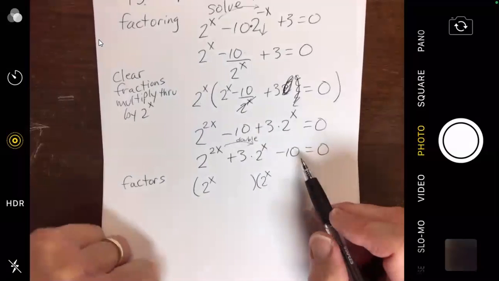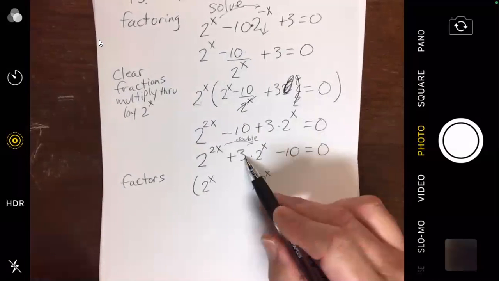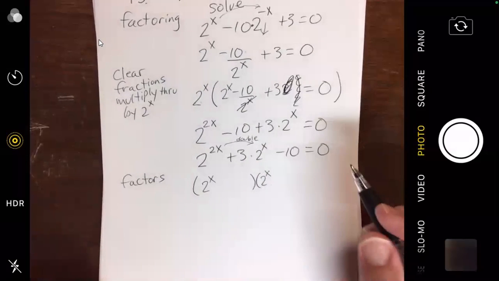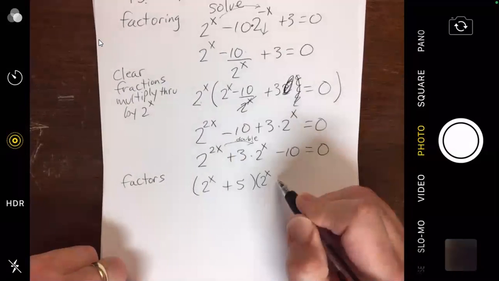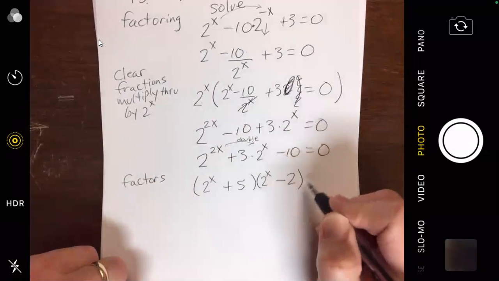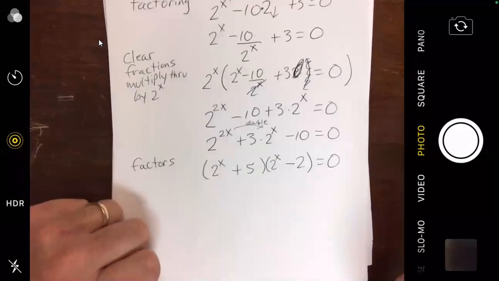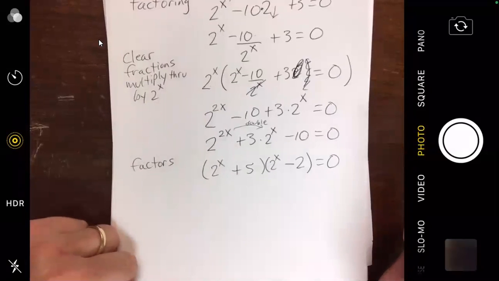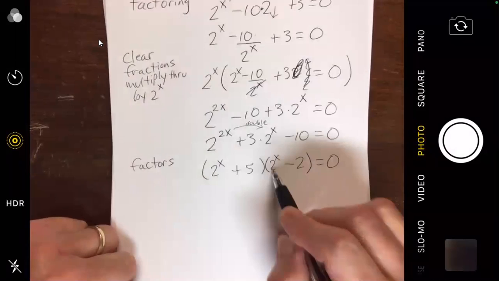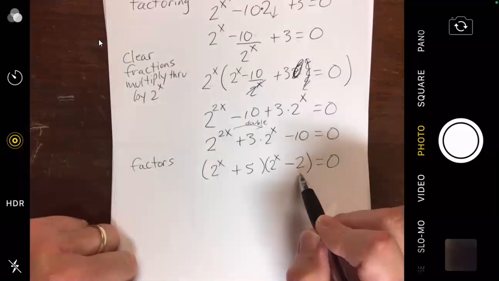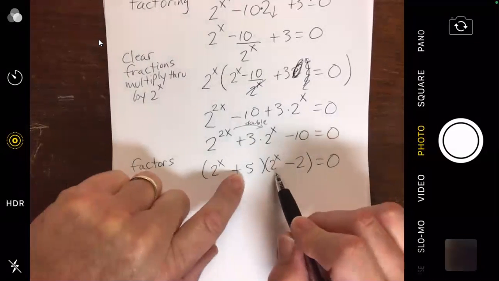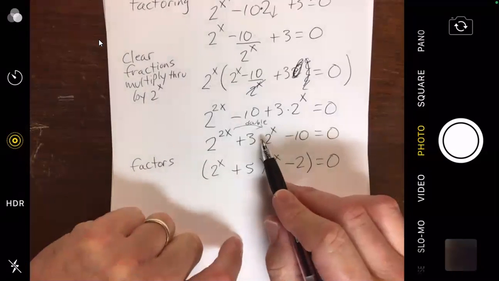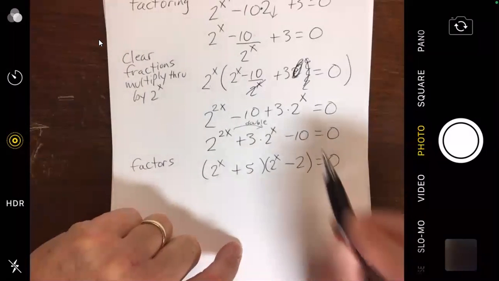And you're going to want what multiplies to negative 10 and adds to 3. Looks like it would be a positive 5 and a negative 2. Double check. There's your 2 to the 2x, minus 2 times 2 to the x, add 5 times 2 to the x would be a positive 3 times 2 to the x. 5 times negative 2 is a negative 10.